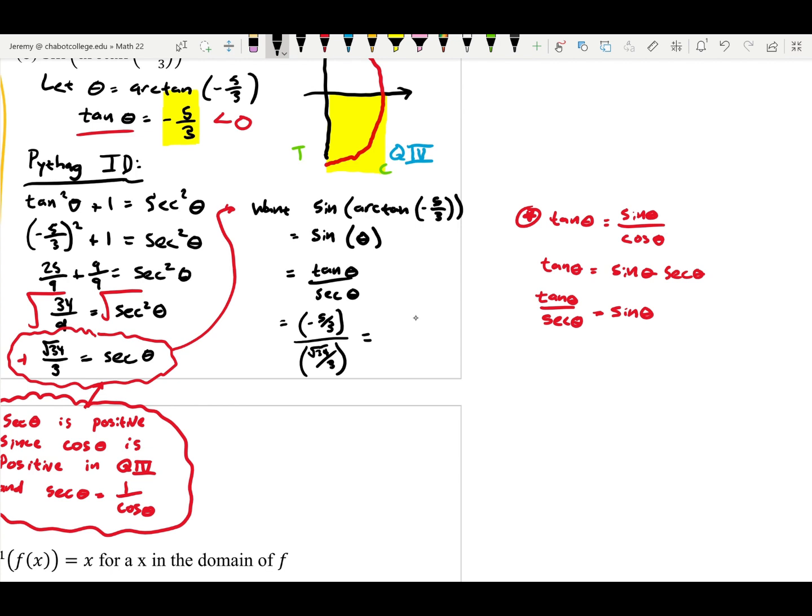This simplifies down to negative 5 over root 34. And if you want to be really good about it, we'll rationalize our denominator: negative 5 root 34 divided by 34. And that is sine of theta.